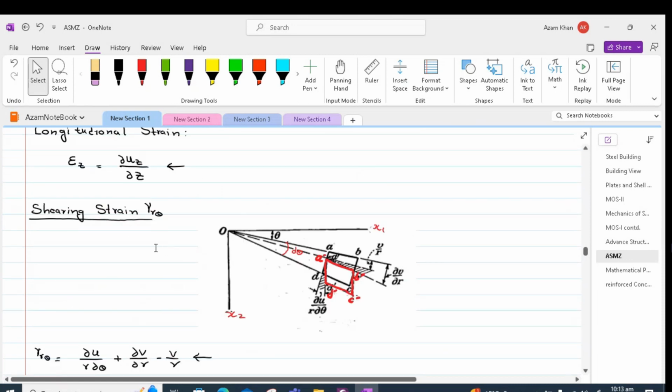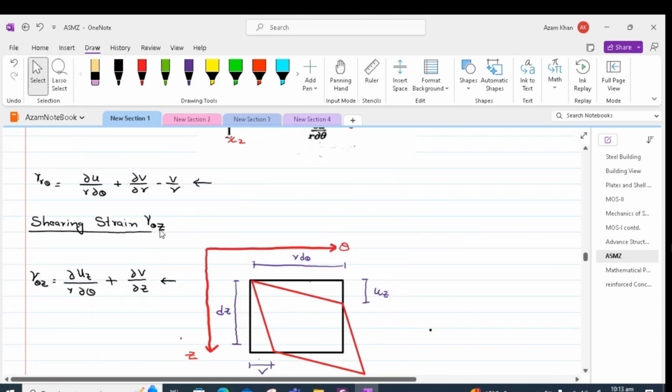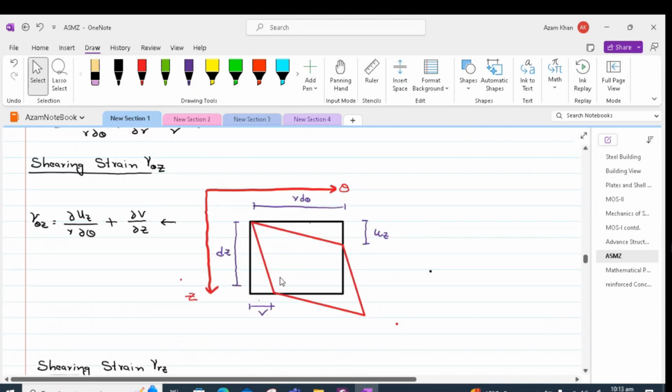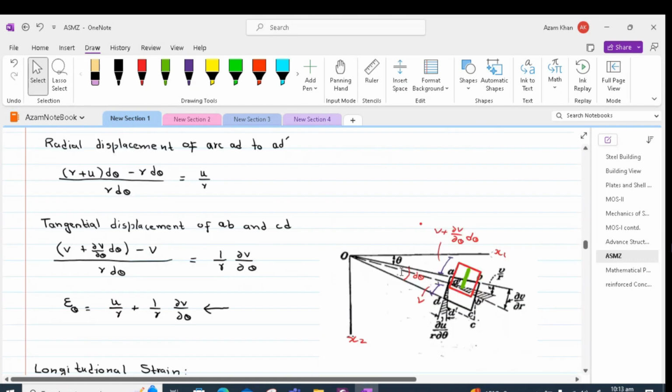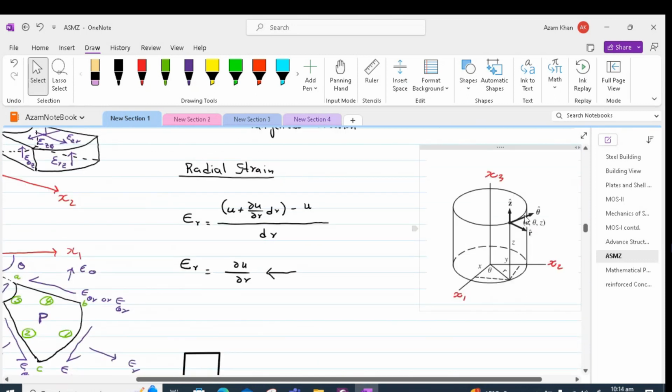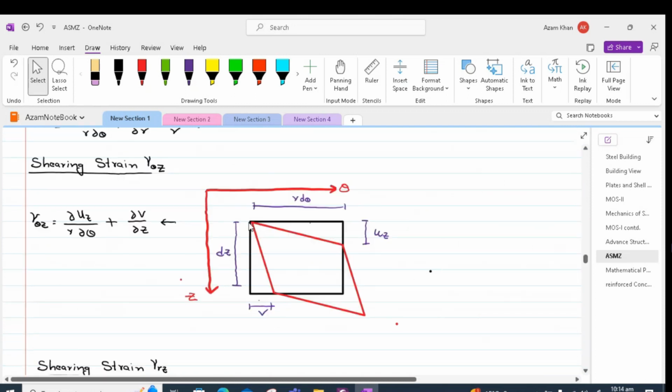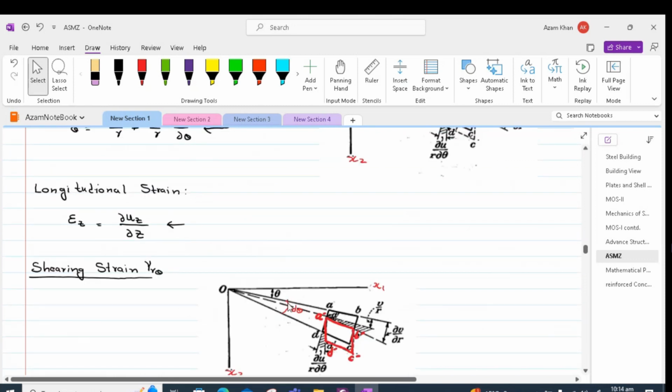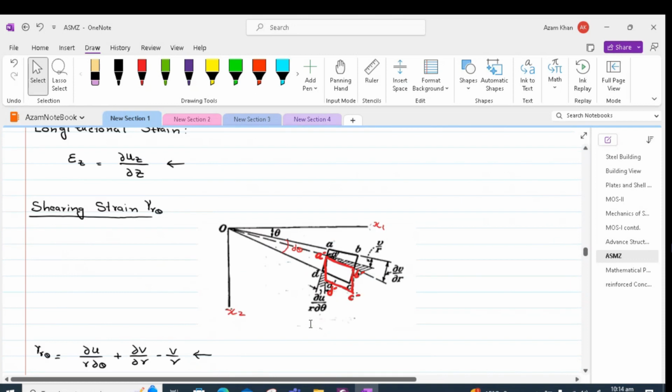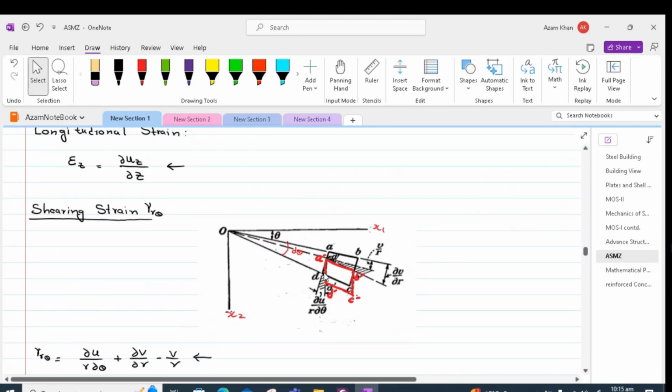After gamma r theta, we have shear strain gamma theta z, which is relatively straightforward. So we have theta z axis in this 3D figure, and the element is within this theta z plane. The element length along z is dz and the element length along theta is r d theta. In other words, we have got the same element whose one side is AD and another side is along the out of plane z direction.